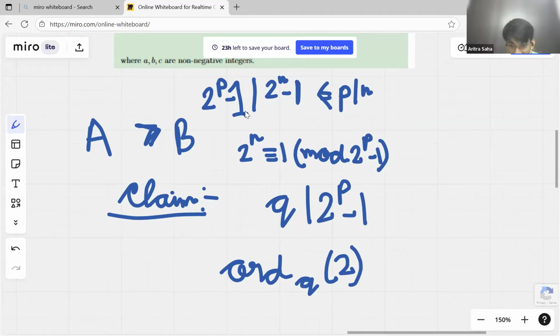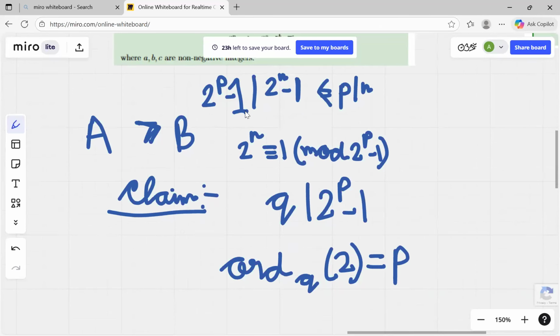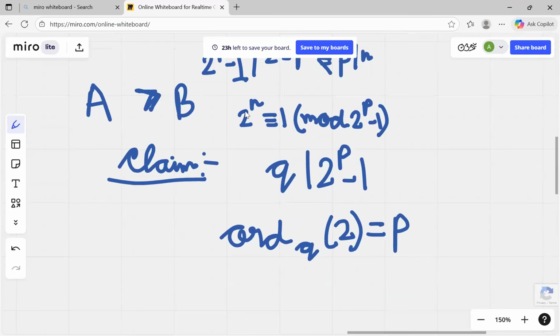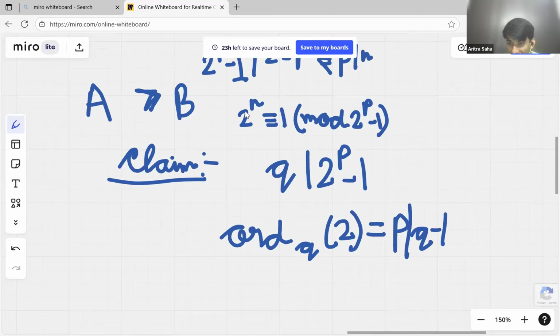It divides p, but why is it p only, not 1? Because it cannot divide 1, since 2 minus 1 is 1. So the order is p. The order divides q minus 1. So p divides q minus 1, basically. So that implies that q should be greater than p, which proves this.